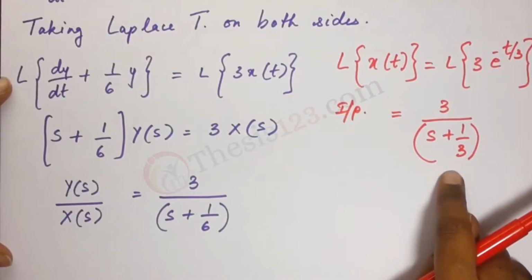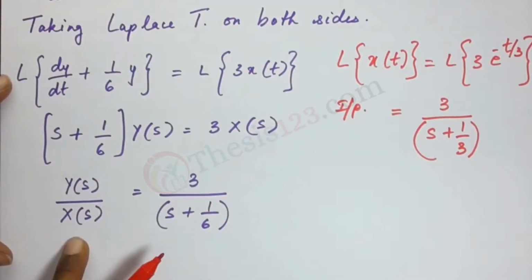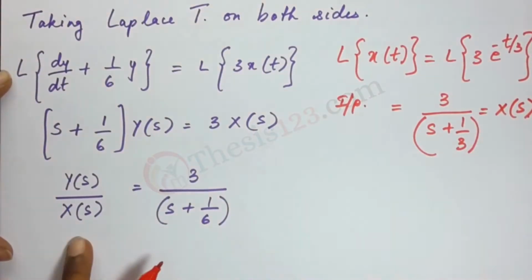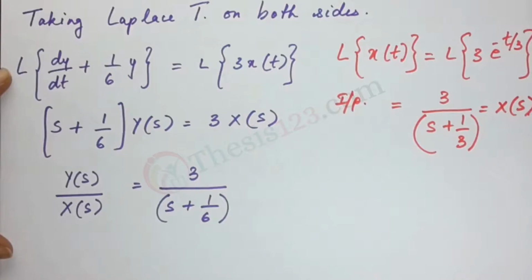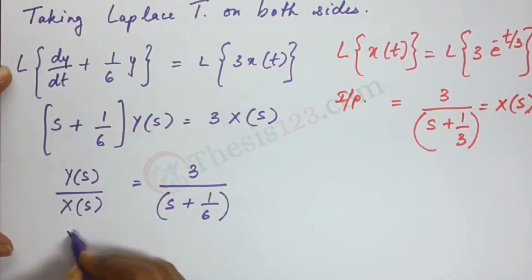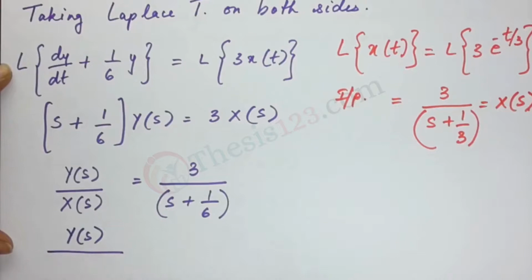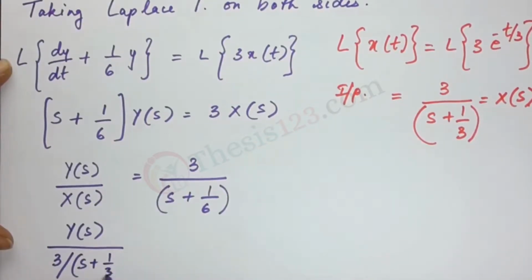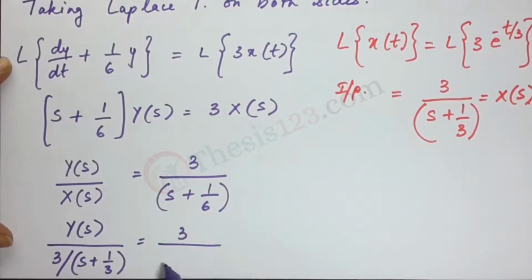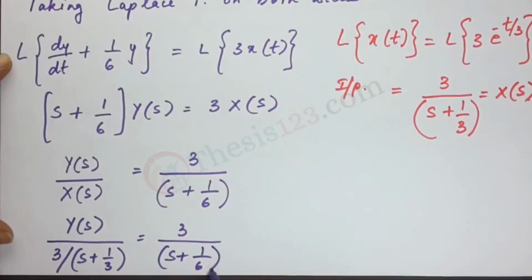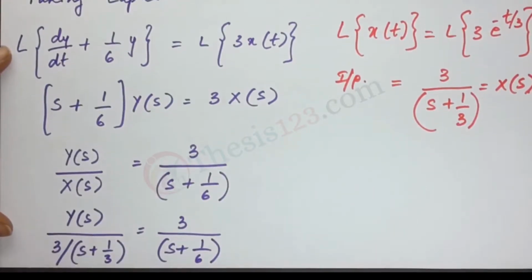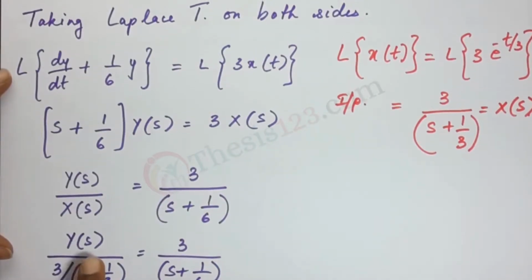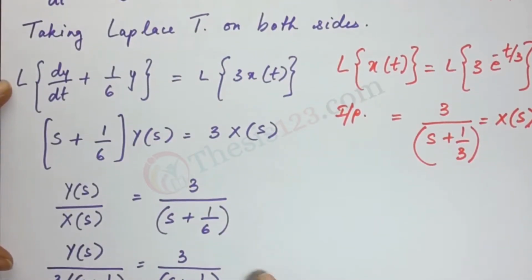Now let's substitute this over here for X(s). Y(s) divided by 3/(s + 1/3) is equal to 3 divided by (s + 1/6). Okay, so now we have an expression where we need to find out what Y(s) is. So let's take this term to the other side.